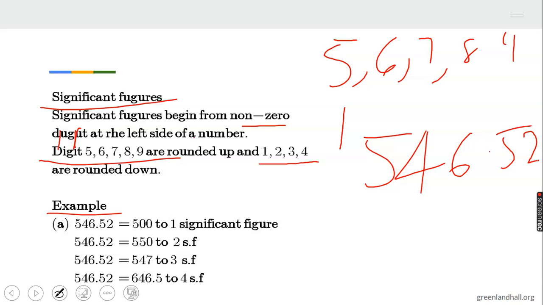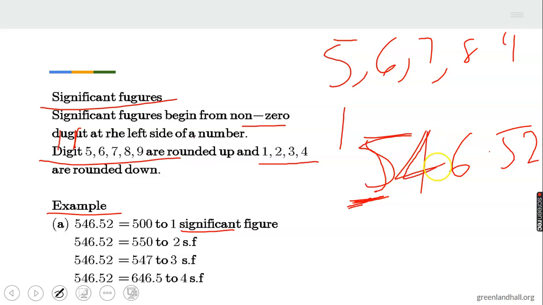That word could also mean important numbers. Now, look, you have to start from the first number. Since we are looking for one significant figure, before you conclude, look at the next number. Are you supposed to round up or round down?